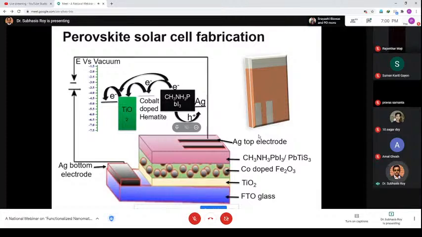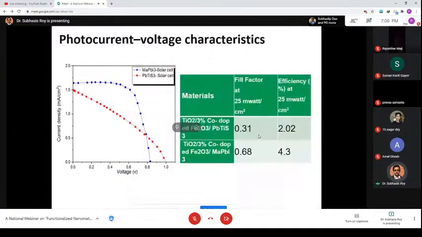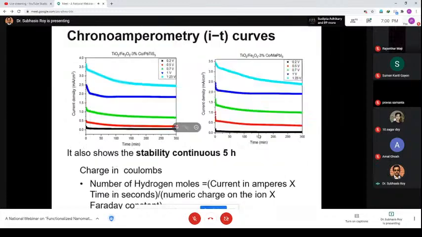We checked the band alignment of the systems, and finally the efficiency of the materials. With 3% cobalt doping, MAPbI3 is giving nearly 4.3% solar cell efficiency, whereas PbTiO3 is giving 2%. That means methylammonium lead iodide is the best material for the solar cell here.